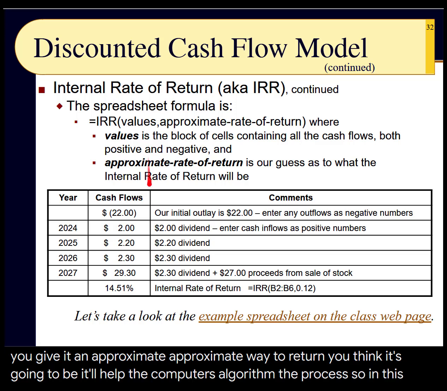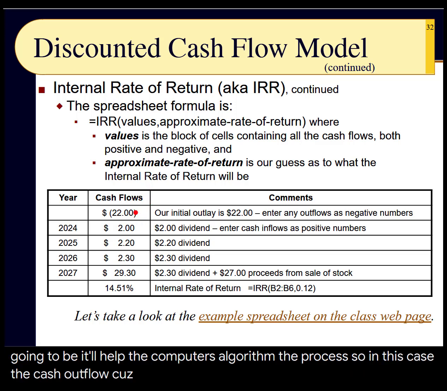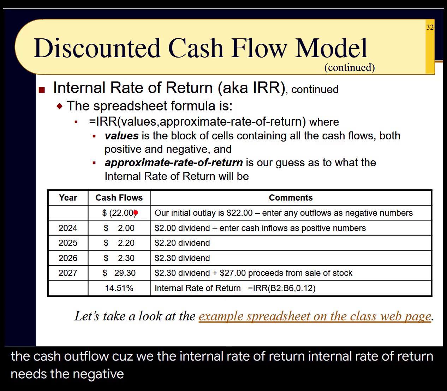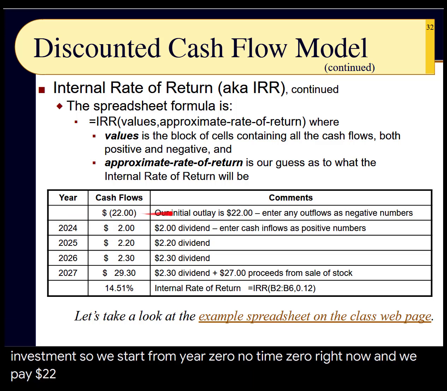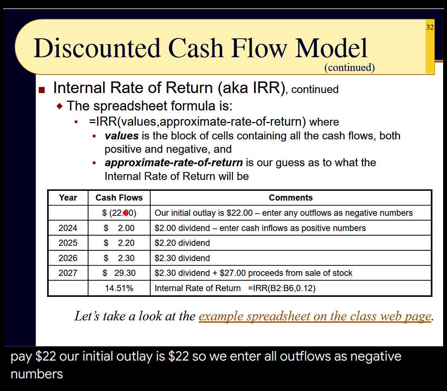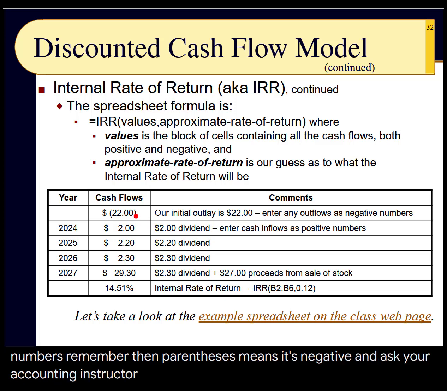So in this case, the cash outflow, because internal rate of return needs the negative outflows. How much does it cost you for this investment? So we start from year 0, time 0 right now, and we pay $22. Our initial outlay is $22. So we enter all outflows as negative numbers. Remember, the parentheses means it's negative, and ask your accounting instructor why. It's a long story.